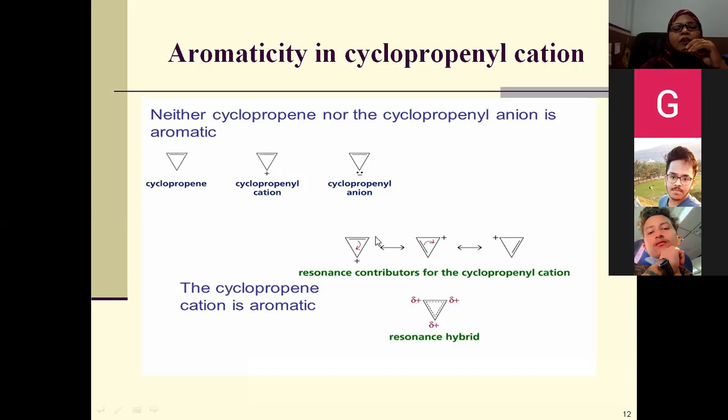But here you can see that in the case of the cyclopropenyl cation, there is resonance contribution of the compound. As I was telling you, this double bond, that is the pi electrons, can shift from this place to satisfy this carbon atom, because this carbon atom is electron deficient. उसके पास electrons नहीं है, तो उसको stable बनाने के लिए ये आपका 2 pi electron move कर रहा है easily. तो यहाँ से यहाँ मूव करेगा इस पोजीशन पे, यहाँ पे डबल बॉन्ड बन जाएगा और ये वाला आपका कार्बन एटम पॉजिटिव हो जाएगा.